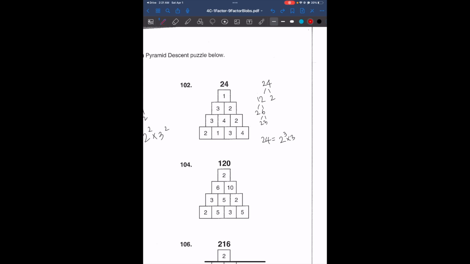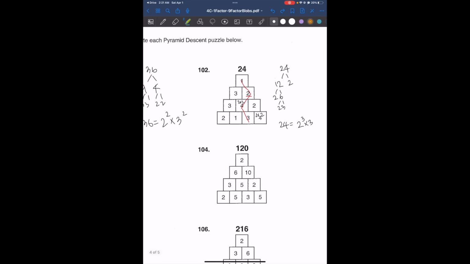And we know that a 4 is 2 times 2. And so a path that we can take is this way. So because of the 4, we use 2 3 times and we use 3 once. And so that is the path that we're going to take.